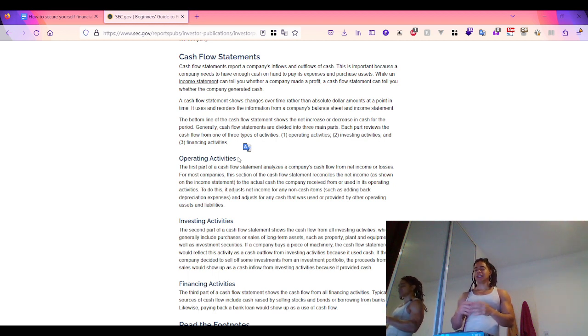Copyrights are exclusive rights for creators of original works, so they can manufacture, distribute, and sell their work over a period of time. For example, you have McDonald's, Netflix, Spotify, Twitter.